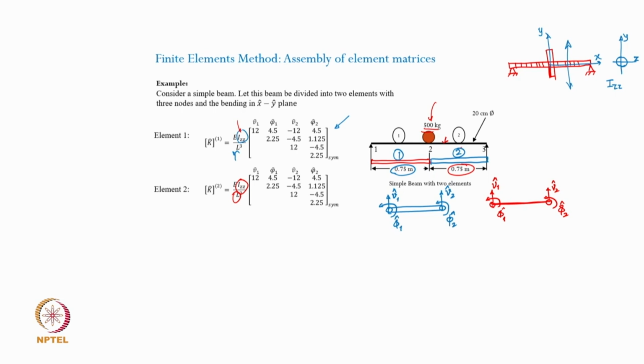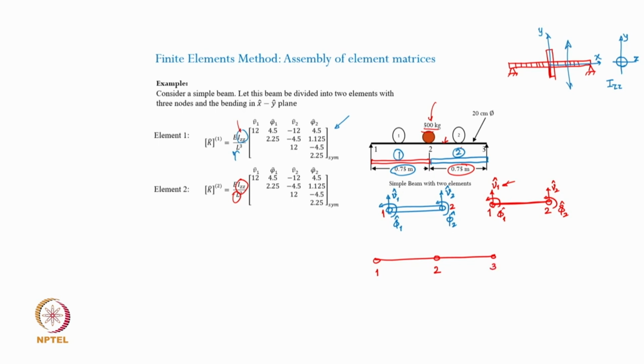Now, the most important point, having obtained individual stiffness matrices of the 2 finite elements, how do I assemble them together? Now, although these degrees of freedom are in the nodal coordinate system, in representing the original system, which I have discretized into 2 finite elements, in the global coordinate system, the node numbers which I had earlier as 1 and 2 here and then back again 1 and 2 here, I would have a node numbering to represent the system in the global context, and therefore, the node numbers will be 1, 2, 3 onwards.